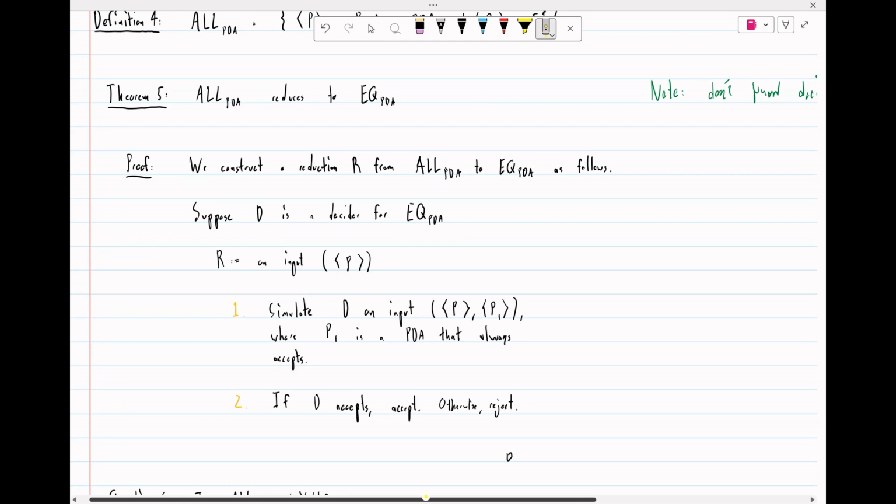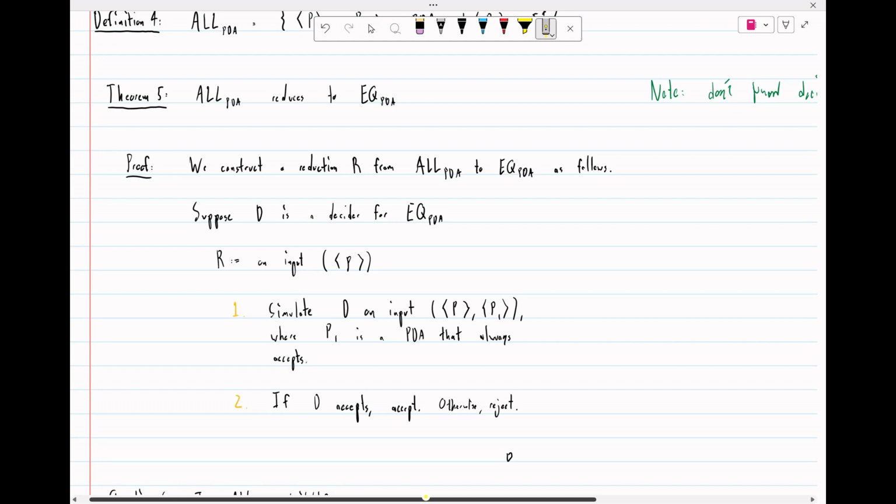Every character leads to that state, and that state is the accept state. Very simple. Always accepts. And then if D accepts, so this PDA also recognizes all strings, then I can accept. Otherwise, I reject. Very simple reduction.